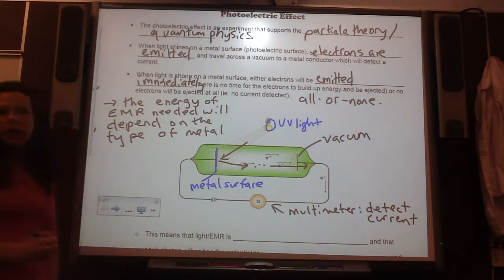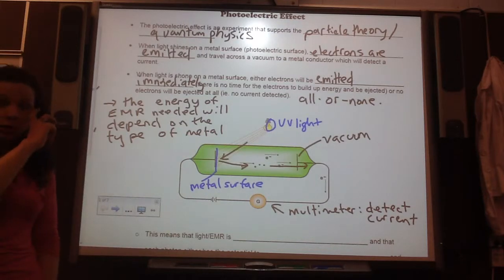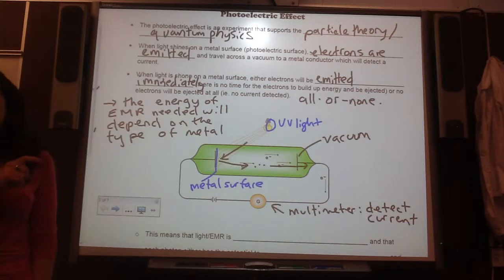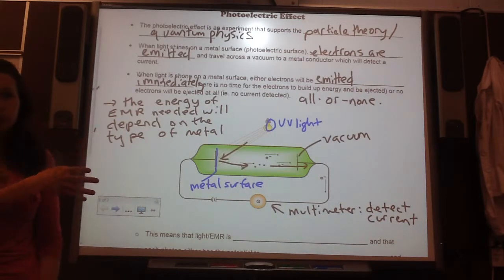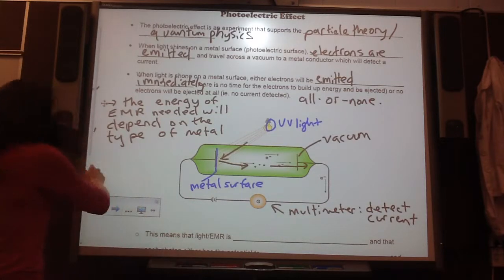So I guess you can use visible light, my apologies. You can use visible light, but it would have to be a metal that has a lower threshold than, say, zinc from that first example. Do you get it? Yeah? Okay. All right.